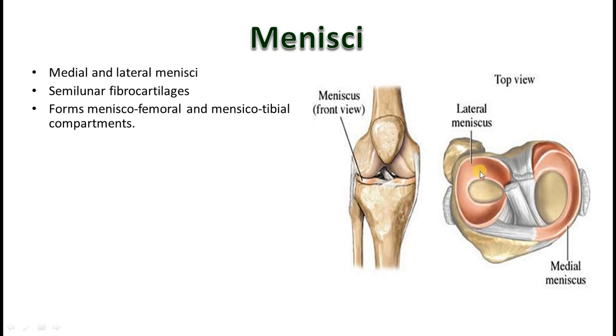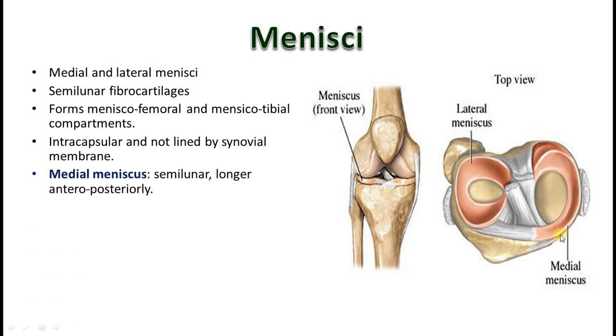They are made up of fibrocartilage, not hyaline cartilage, semilunar, moon shaped. As I told you, they are not lined by synovial membrane. The periphery merges with the interior of the capsule.